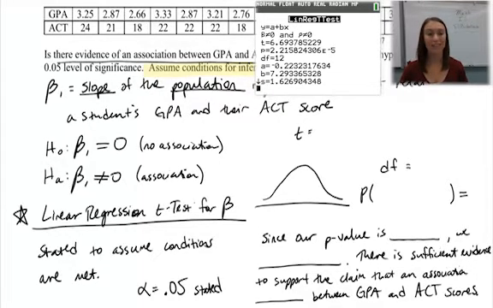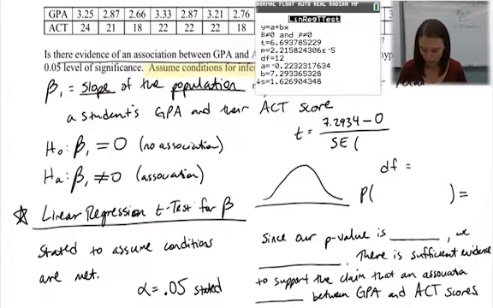This is going to give me a lot of information. It'll give me my t-score, which I will use. It also gives me my b value, which I need for my formula. So t equals b, which is 7.2934, minus our beta, which in our null hypothesis is assumed to be 0, divided by the standard error of our statistic.